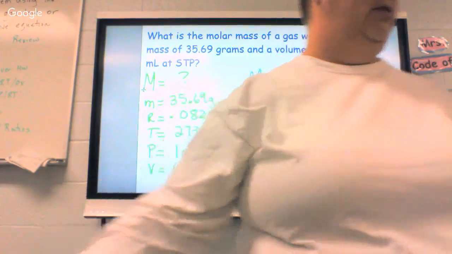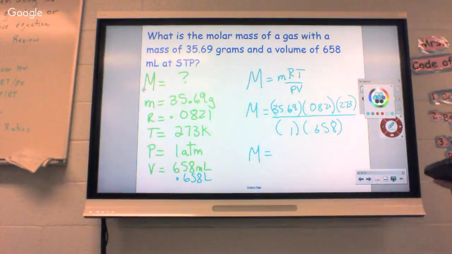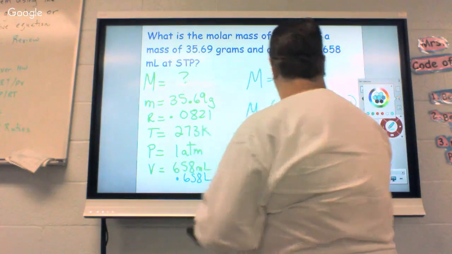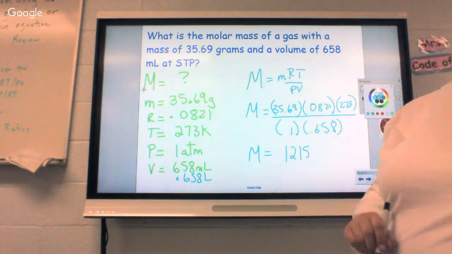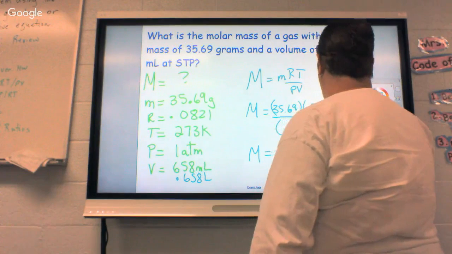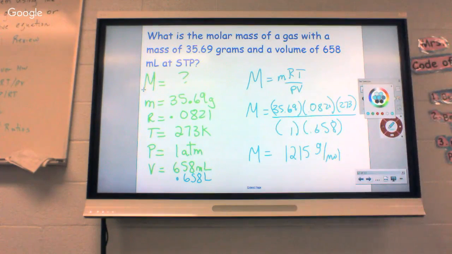I made up these numbers. 35.69. All right, 1215. No guess, that's the molar mass of that, in grams per mole. You can tell I made up these numbers. Most of the other stuff is pretty realistic. That was terrible.